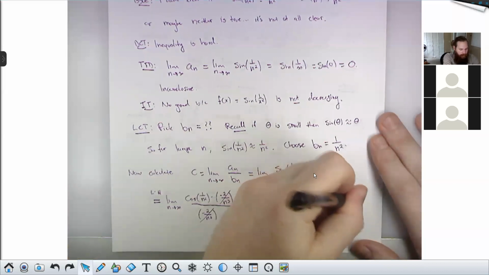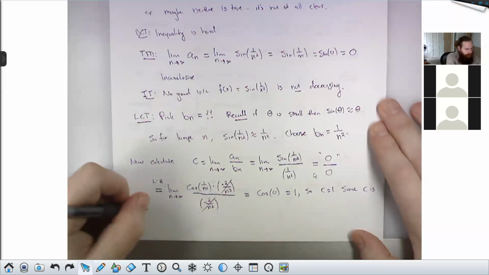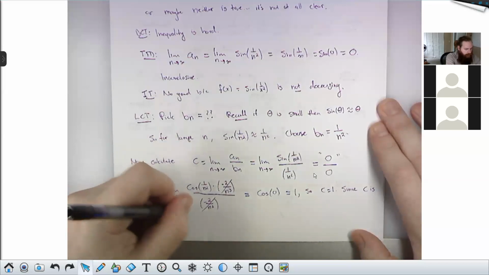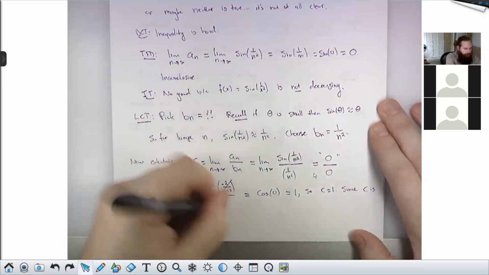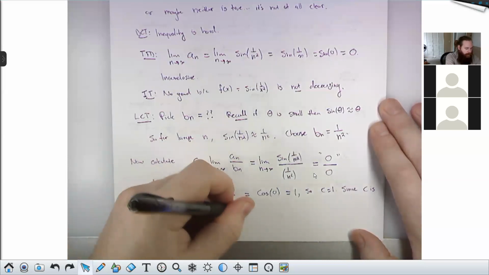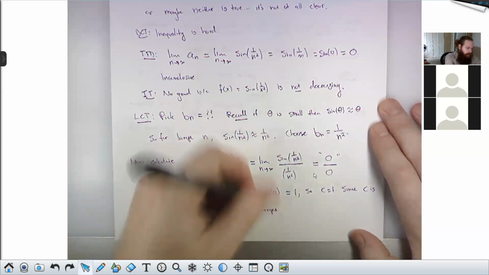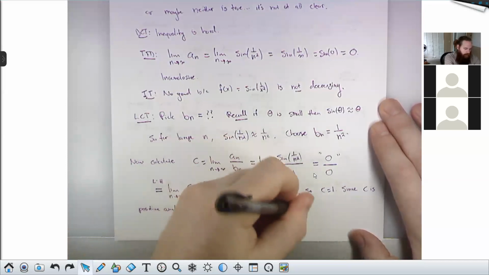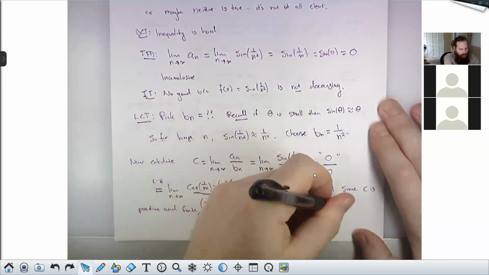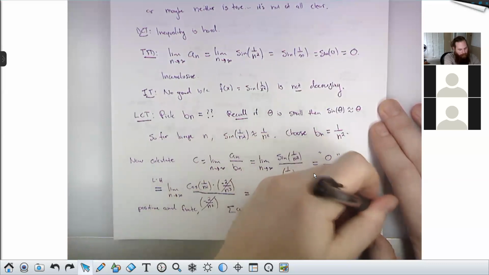Since C is positive and finite, my series, sigma an, converges or diverges together with sigma bn.